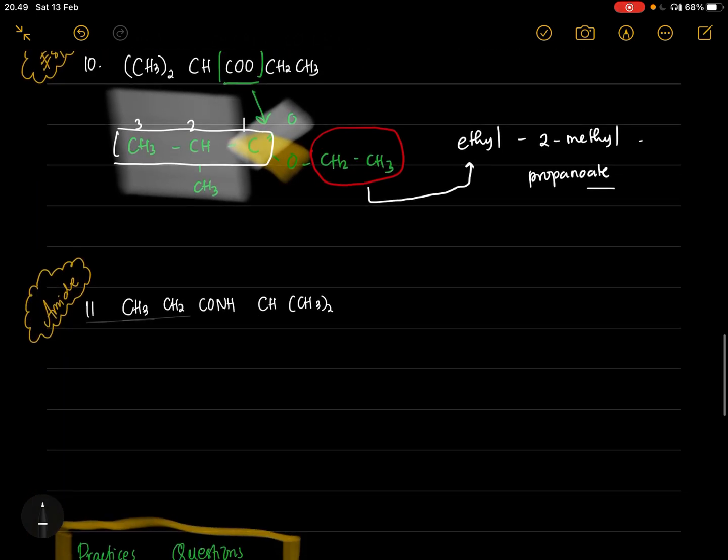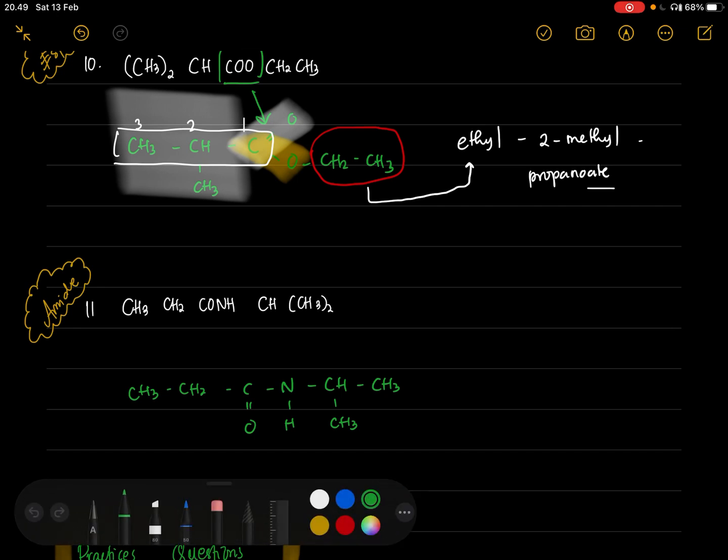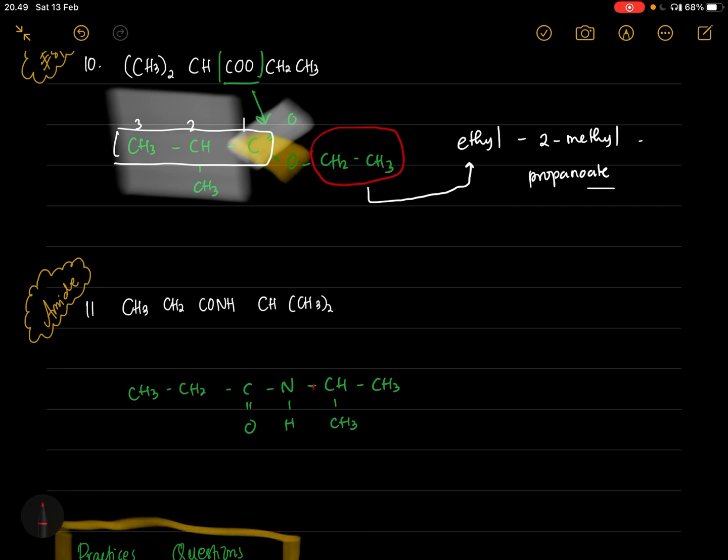For number 11, this one is the amide. It is quite similar to the ester. So we have the CH3, we have CH2, we open up the amide group, C double bond O, and then NH, CH. We have the CH3 over here, CH3 over here. The same way, the branch here will start with the alkyl, which is after the nitrogen or the NH group, similar to the ester.